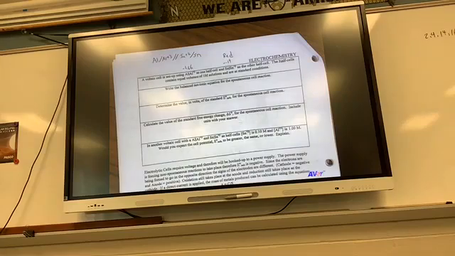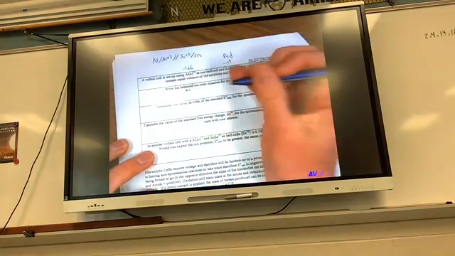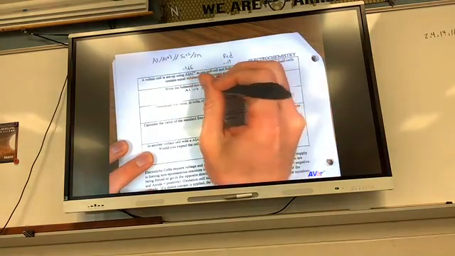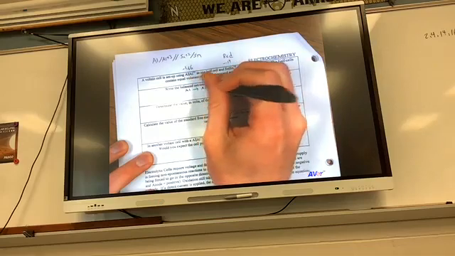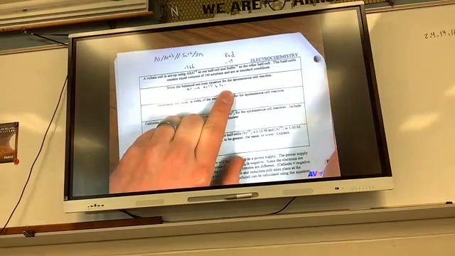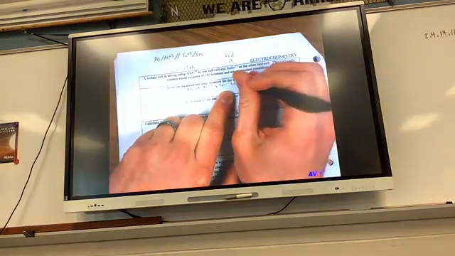So I flip that, and that gives me Al yields Al3+ plus 3 electrons. The voltage for that, since I flipped it, is now a positive 1.66 volts.